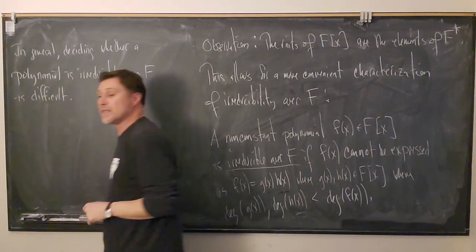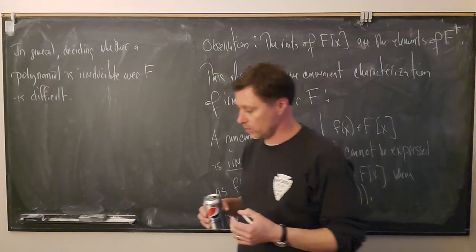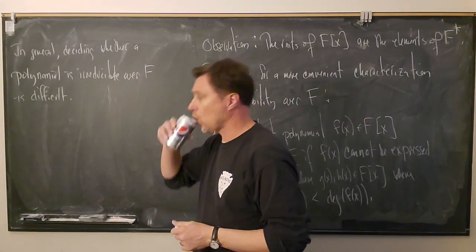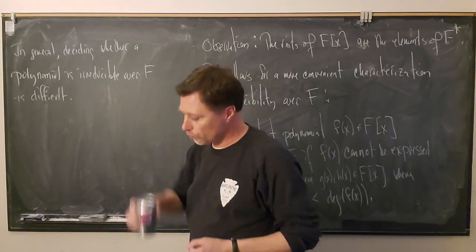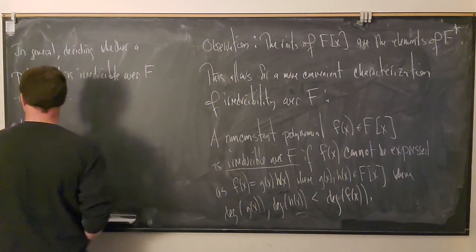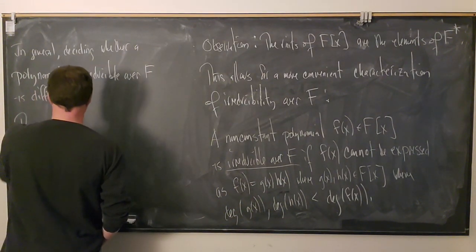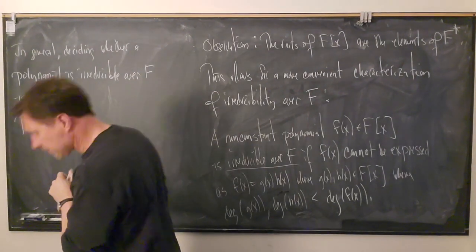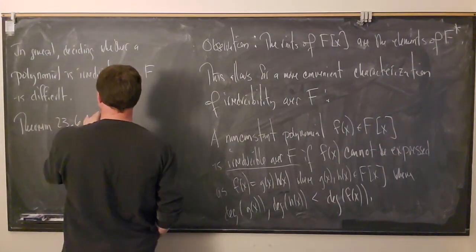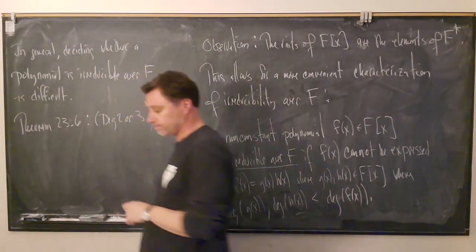So what we're going to do is develop various tests that allow us to decide in certain cases whether a polynomial is reducible or irreducible. And so the first one goes like this. This is theorem 23.6, and we'll refer to this as the degree 2 or 3 test.